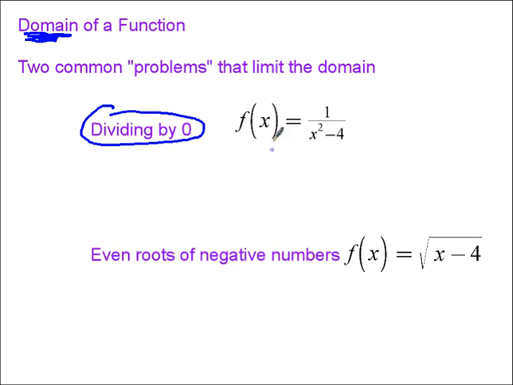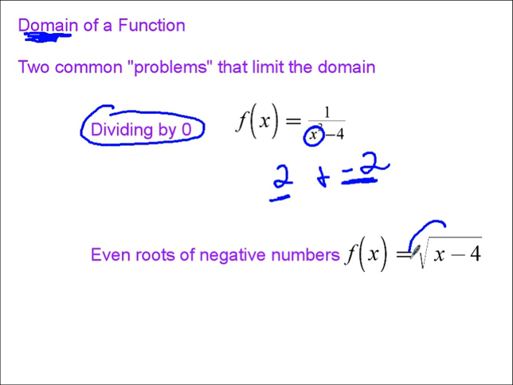So my domain here would be all real numbers, except for the values that cause issues. 2 and -2 cause issues in my function because I'll be dividing by 0. So my domain is going to contain all real numbers except for 2 and -2. There's a couple ways to write this, and we'll talk more about that in class.